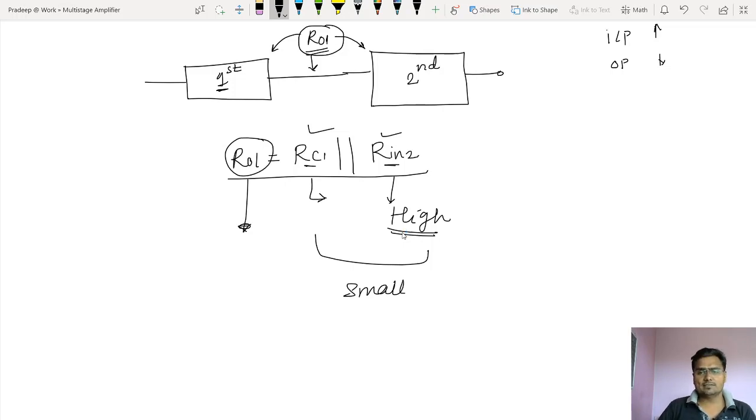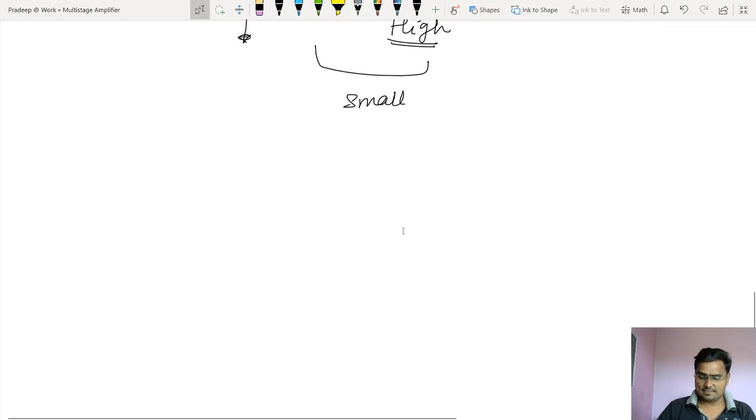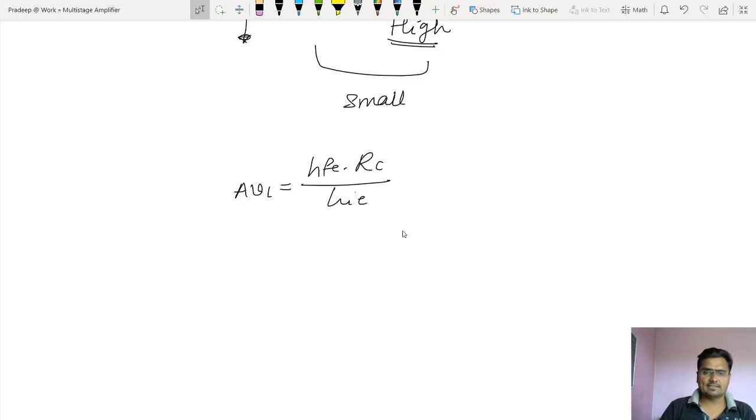Now if I want to write the equation for the voltage gain of the first stage, look at this. AV1 will be HFE multiplied by RC divided by HIE. That RC is nothing but your RO, the output impedance of the first stage. But see, the output impedance of the first stage RO1 has a very small value. Just now I said this value is very small because it comes in parallel with the input impedance of the other stage. So this value is very small and that's why this AV becomes very small.